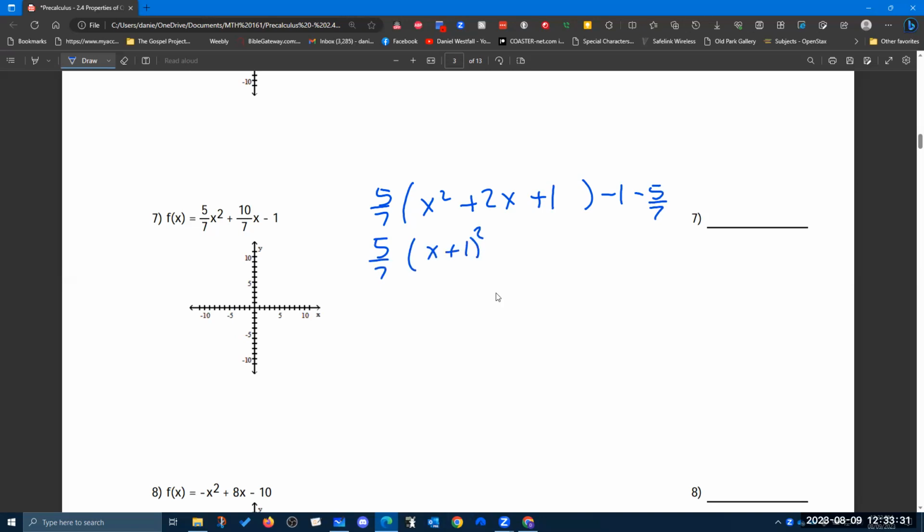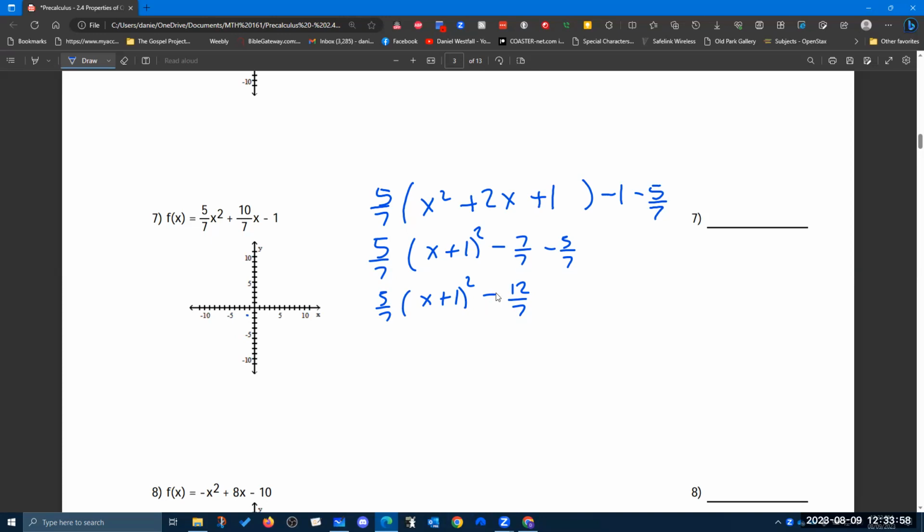This is a -7/7 minus 5/7 is going to give me a -12/7. So my vertex is at -1, -12/7, which is -1 5/7. So that's down here somewhere.